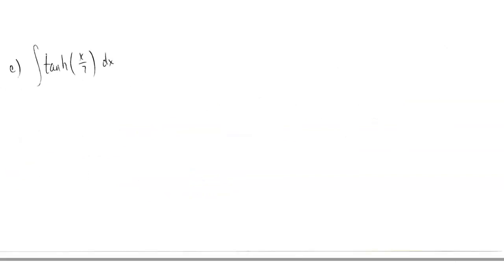So for this example, one of the things that we want to note here is that this example is going to follow the example much like if we were taking the antiderivative of tangent. And if you remember here, the antiderivative of tangent would actually end up being negative natural log of cosine of x plus c.